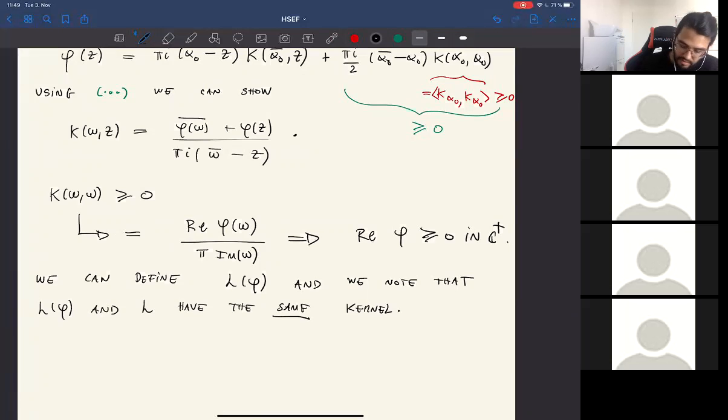In particular, if we consider the span of the functions k_w, which will be functions in both spaces because they have the same kernel, okay, so just take linear combinations of k_w's with some w's in the upper half plane.